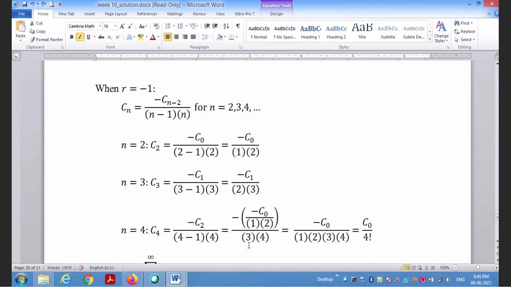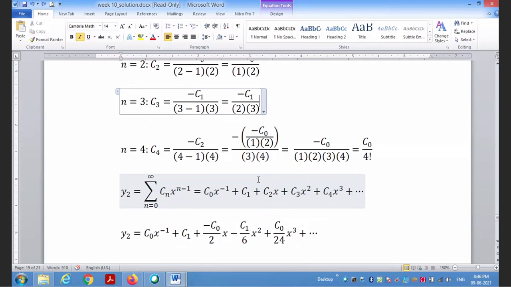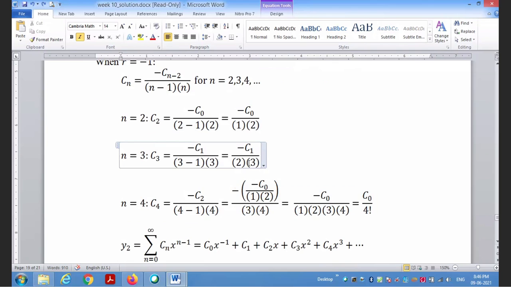Guys, don't make careless mistakes. For example, for each one of these, you have points. For n equal to 2, you find C2, you get some marks. N equal to 3, you get some marks. If you get it wrong, you will lose a lot of marks. Students lose a lot of marks here.